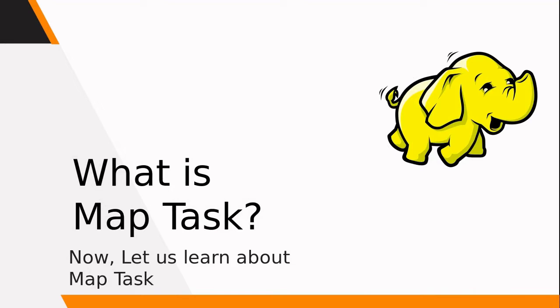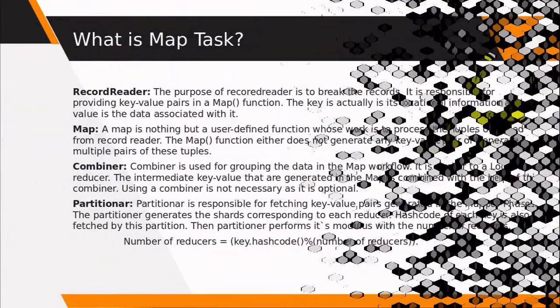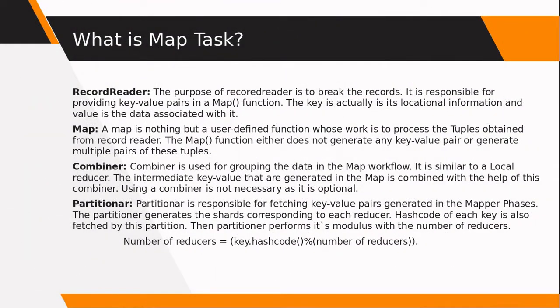Now let us learn about map task. Record reader. The purpose of the record reader is to break the records. It is responsible for providing key value pairs to the map function.